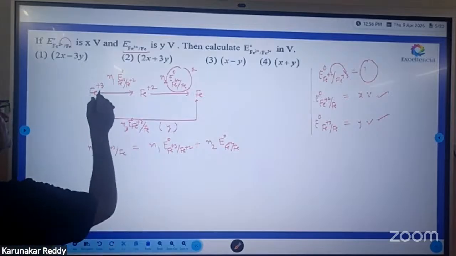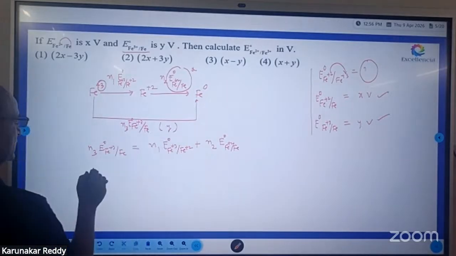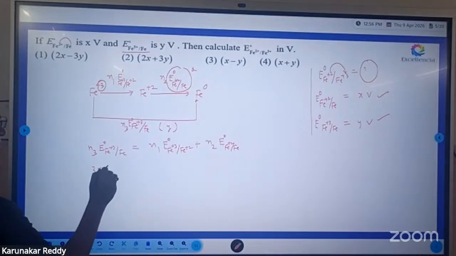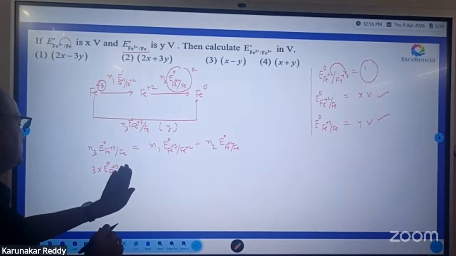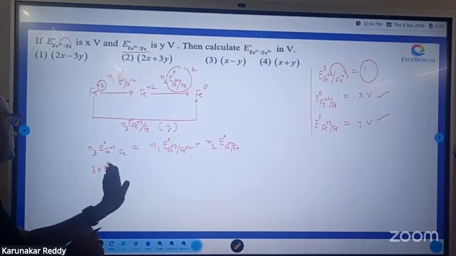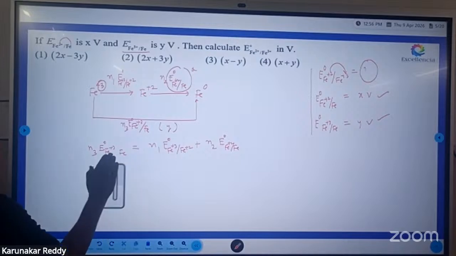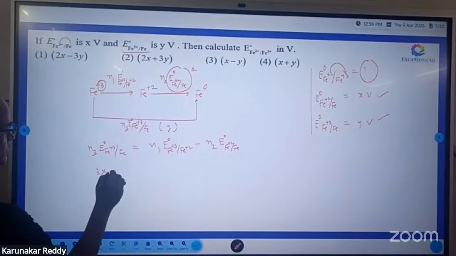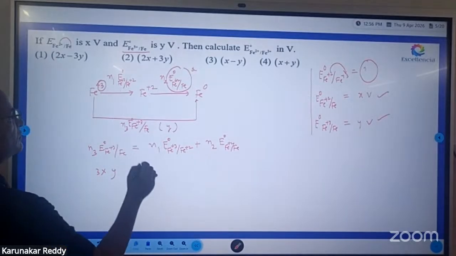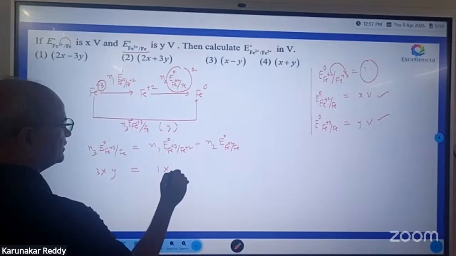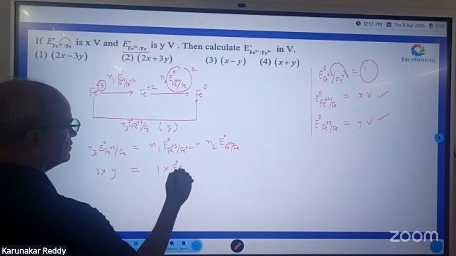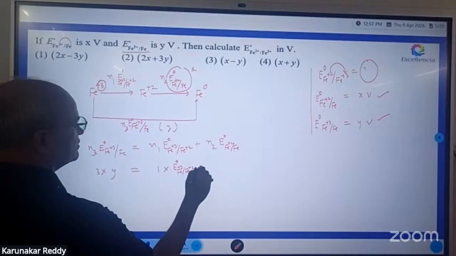The number of electrons involved for this one, plus 3 to 0, is 3 electrons. Then the standard electrode potential of Fe plus 3 to Fe is already given to us. So its number of electrons will be 3, and this value is given as Y, which is equal to N1, the number of electrons involved here, only 1, times the electrode potential of Fe plus 3 to Fe plus 2, because it's not given.